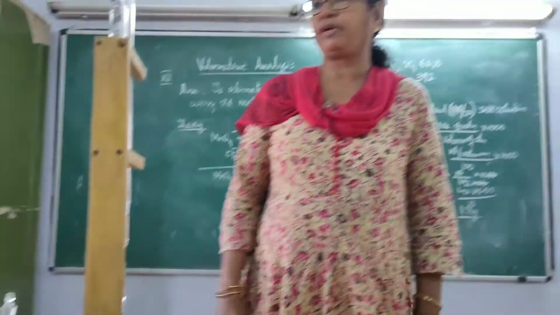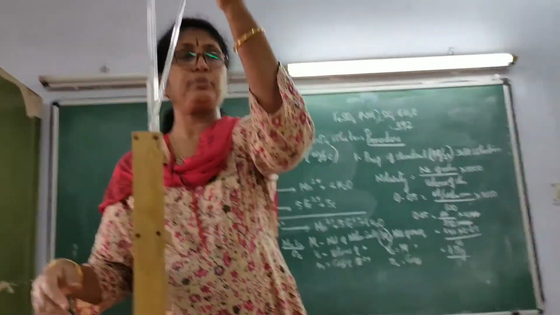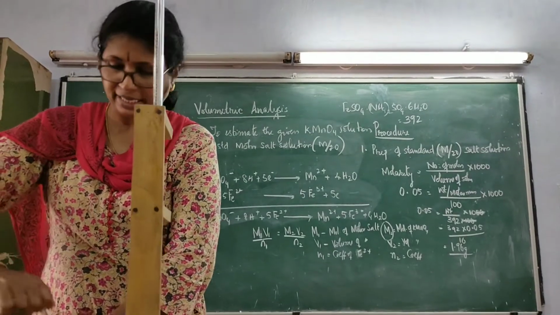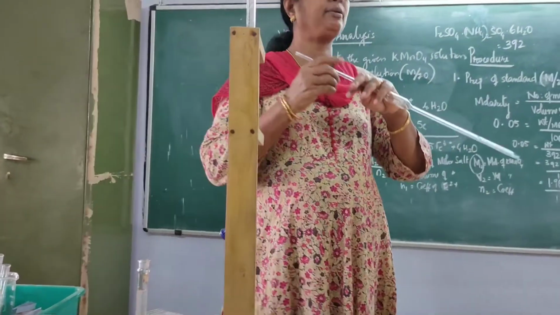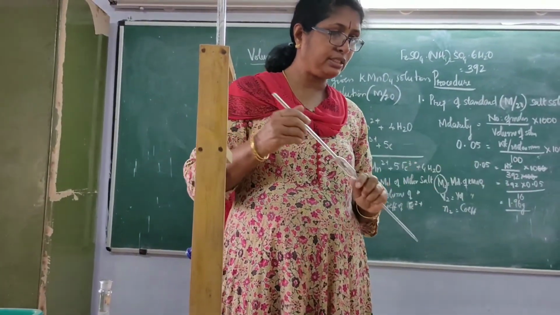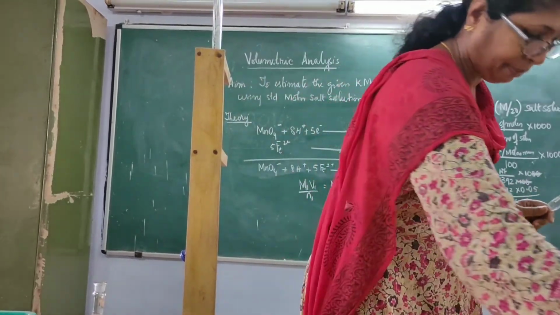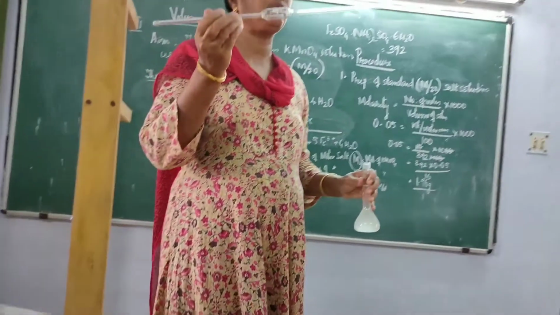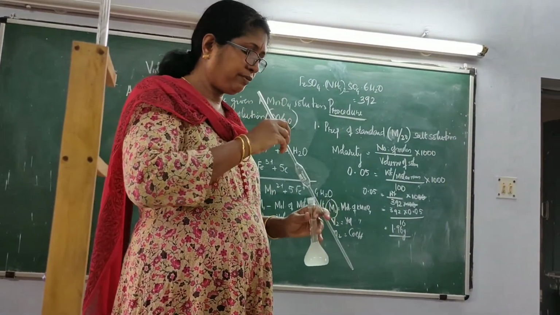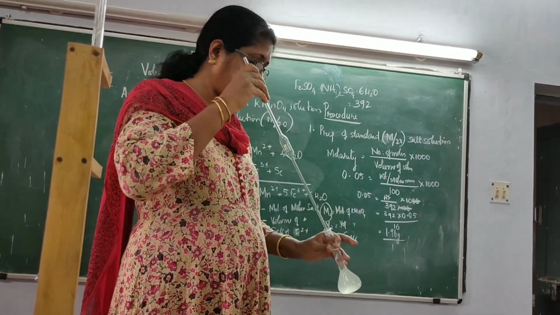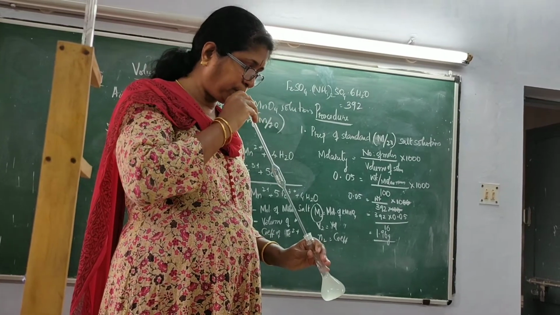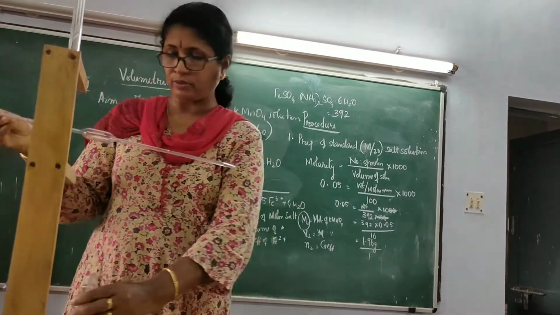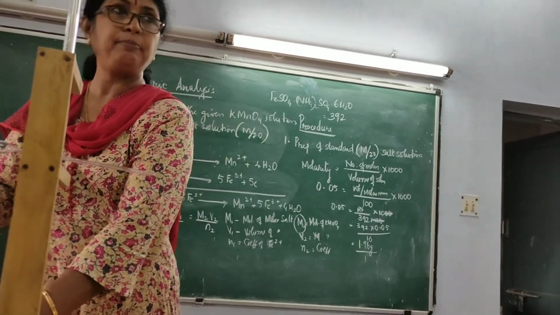Now next what we are going to do is pipette out. See, we have added acid, so you must be very careful. We have washed the pipette. Now you will have to rinse the pipette. How to rinse the pipette? You take the pipette after washing, remove all the water, and take a small quantity of the Mohr's salt solution in the pipette.